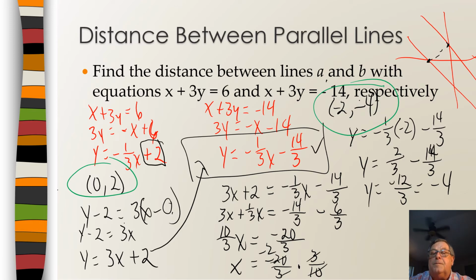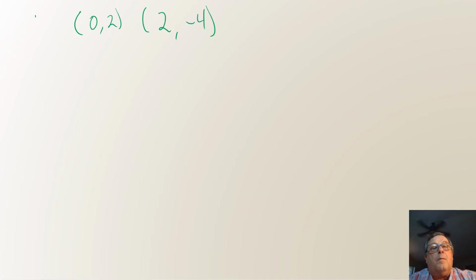Let's move. All right, so our two coordinates we said were (0, 2) and (-2, -4), I believe it was.